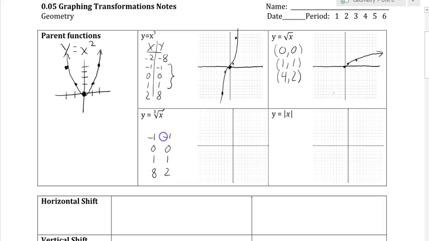Cube root of negative 1 is negative 1. Cube root of negative 8 is negative 2. There's our xy table. So those are the points we use: (0, 0), (1, 1), (8, 2), (-1, -1), and (-8, -2).